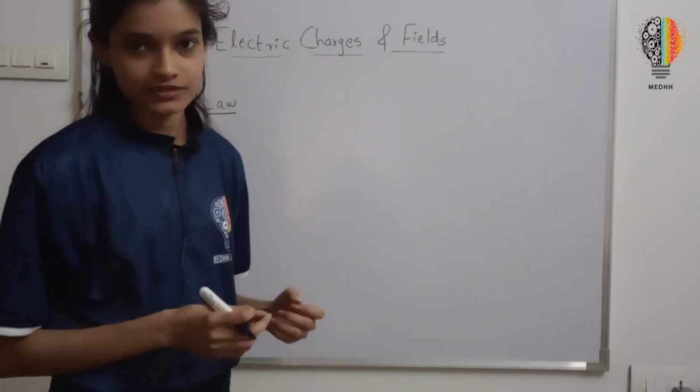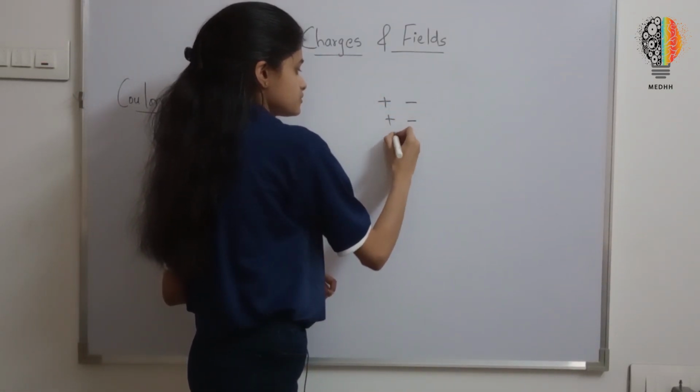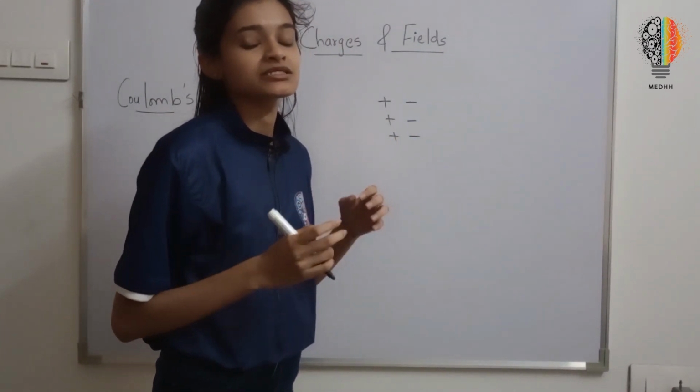Today we'll be discussing Coulomb's law, one of the important topics from the chapter Electric Charges and Fields. We know that there are lots of charges present in the universe, and when these charges interact with each other, they experience a force.